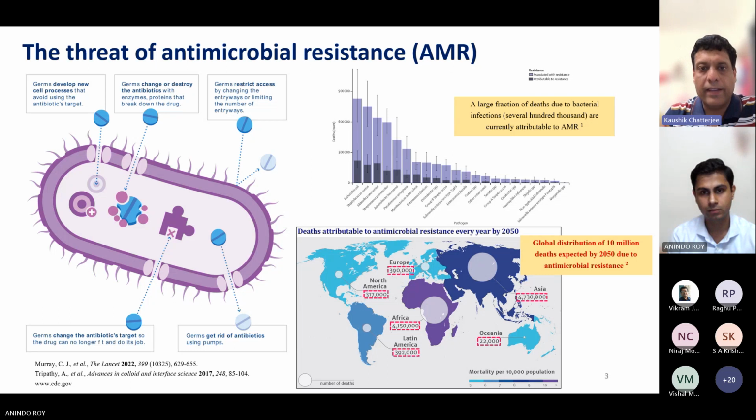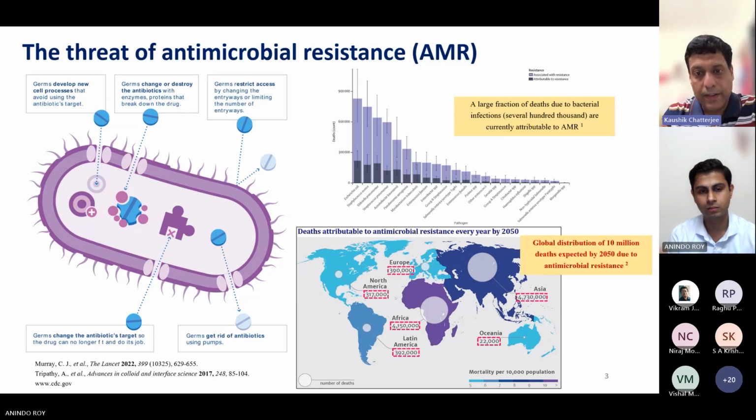This is known as antimicrobial resistance, or AMR, and it's widely recognized by the World Health Organization and others as one of the gravest challenges of healthcare, probably more so than even COVID and other things, because the fear is that in another 50 years or so, we will run out of all kinds of antibiotics, and the advantages that we've had in modern medicine in being able to tackle infections will essentially be lost, because the rate at which we are developing antibiotics is not keeping up with the rate at which we are generating new strains that can resist them.